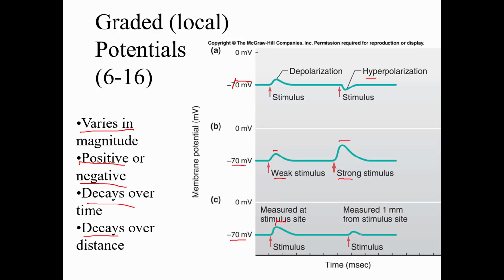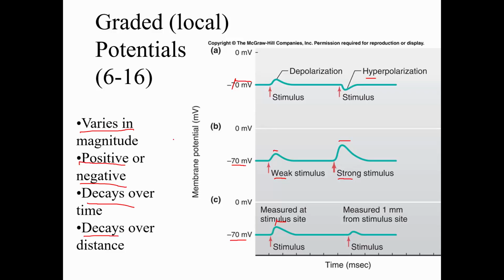It's smaller than it was at the site of stimulation. And how long the distance is before it decays is dictated by the space constant, the thing we're not going to get into. But if you're interested in that, you'll probably learn about that in other courses. So, very important: these are the characteristics of local current flow or graded potentials.